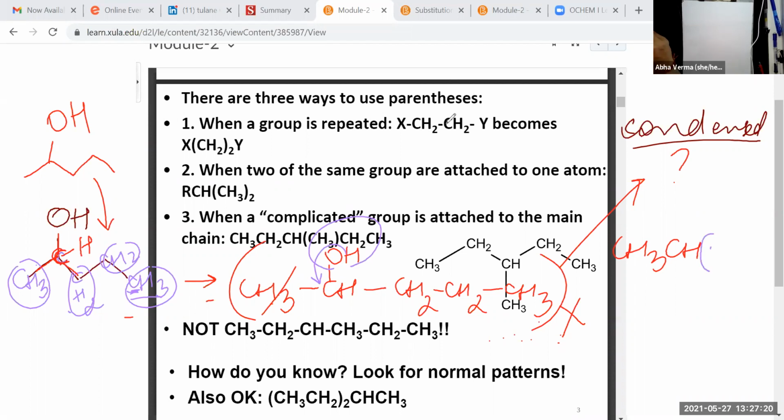So I will write in parentheses OH. After I've written OH, I will keep continuing my chain. I have two CH2 units, and then I have one CH3 group. So all of this will be written in the same line.